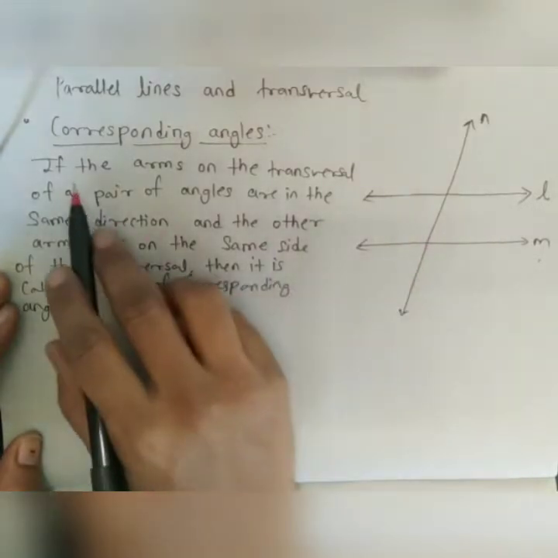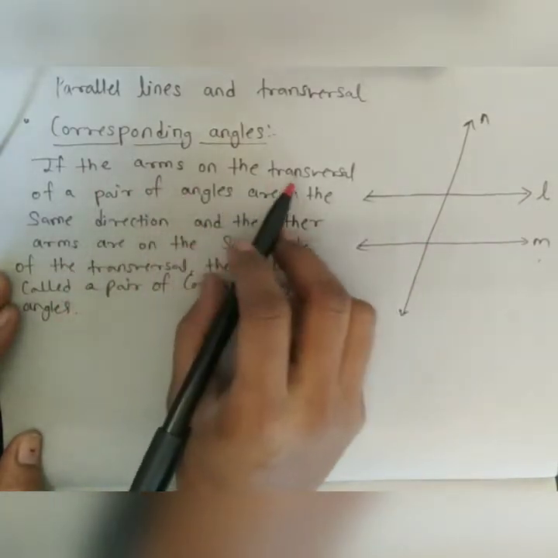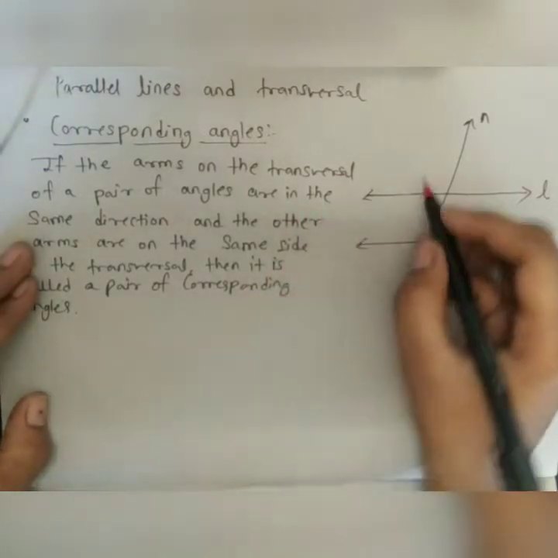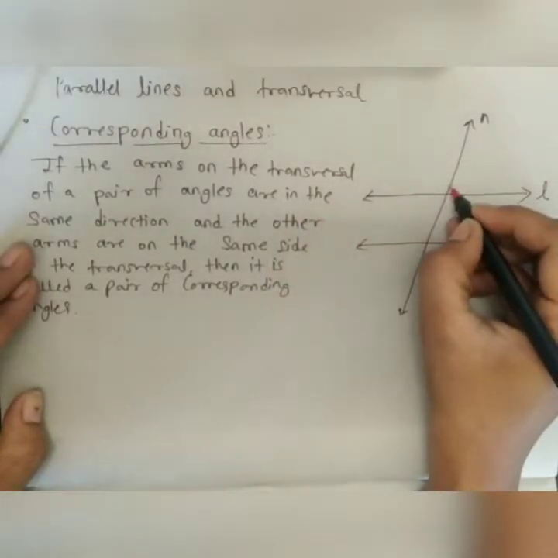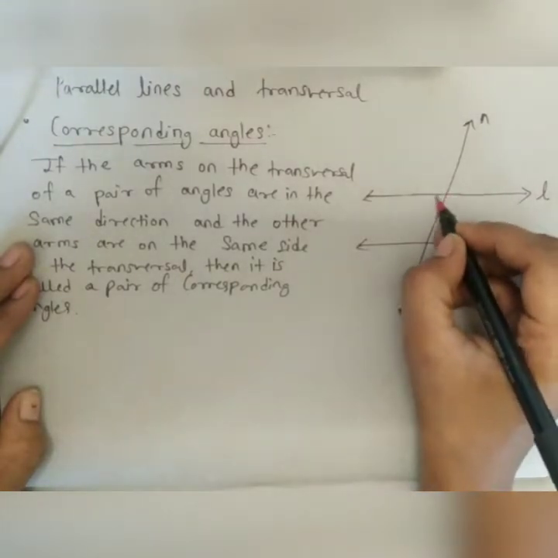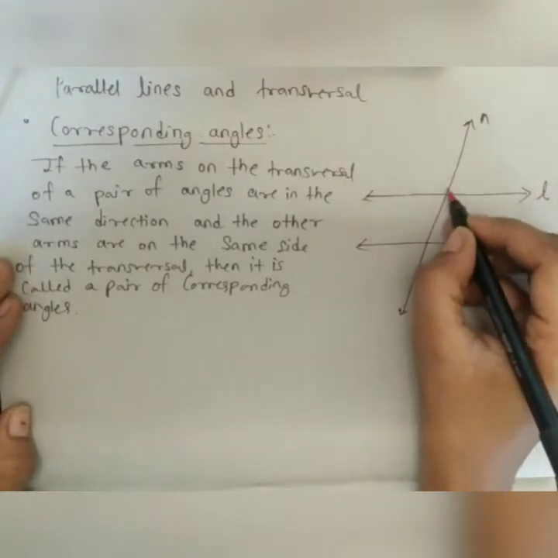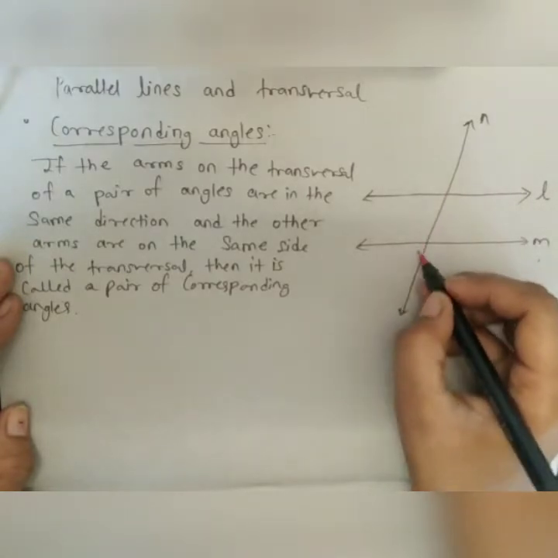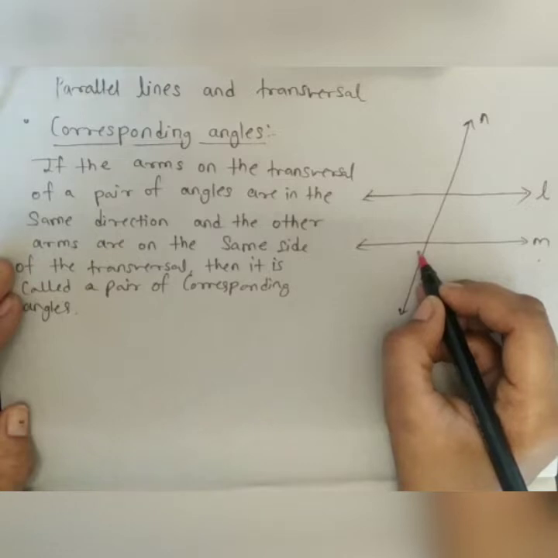If the arms on the transversal of a pair of angles are in the same direction, see here these are our pair of angles. Here we have one angle, second angle. Here is one angle and here we have one angle.